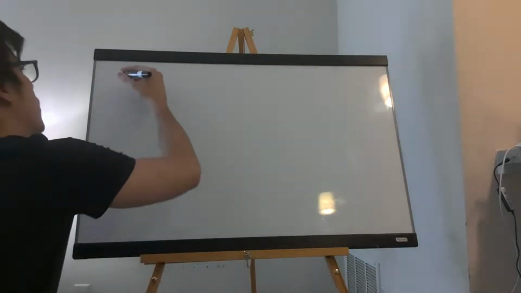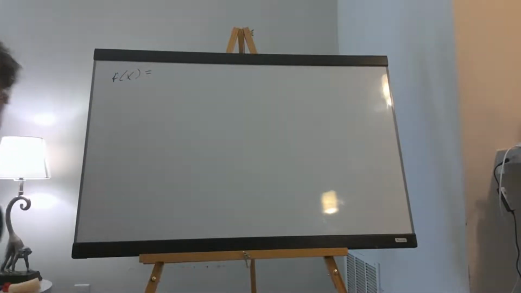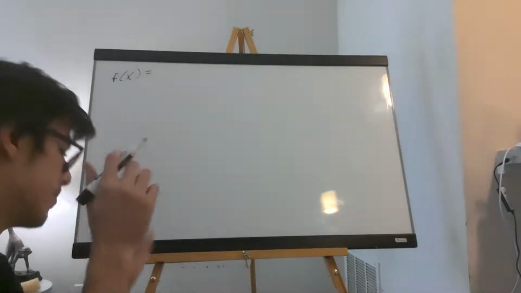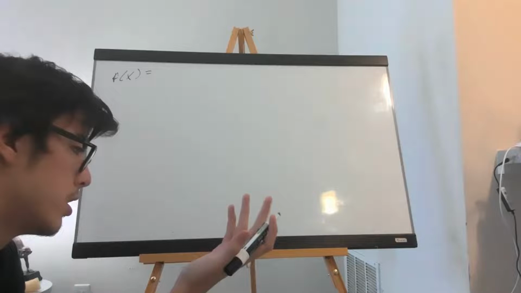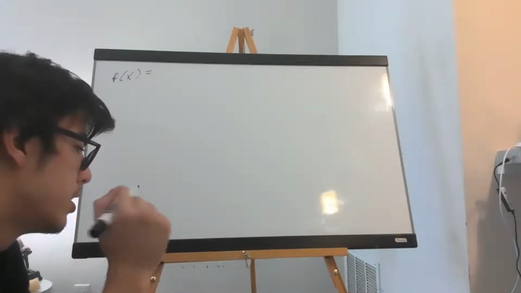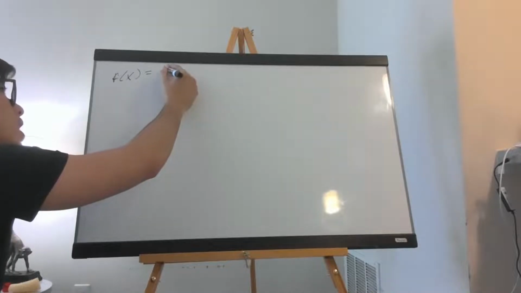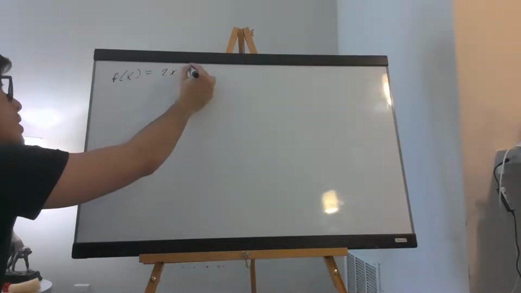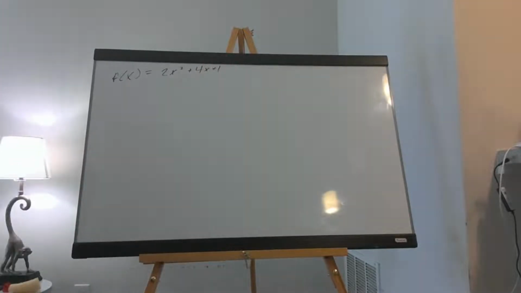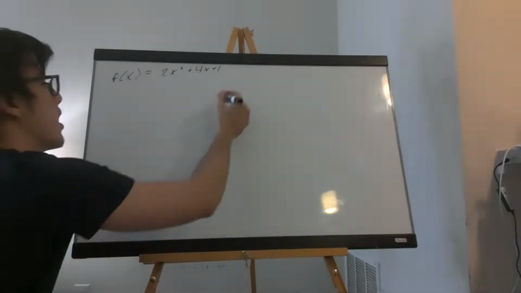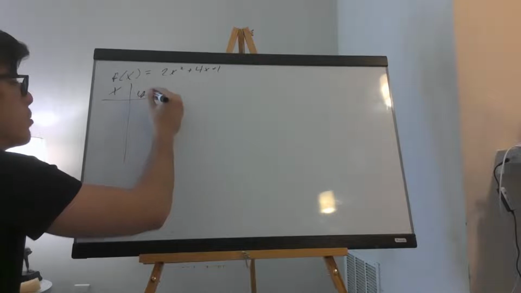Okay, so f(x) equals, what's one that isn't too hard to graph? Let's say 2x squared plus 4x plus 1. So now, if we want to graph this, we can plug in a few points.